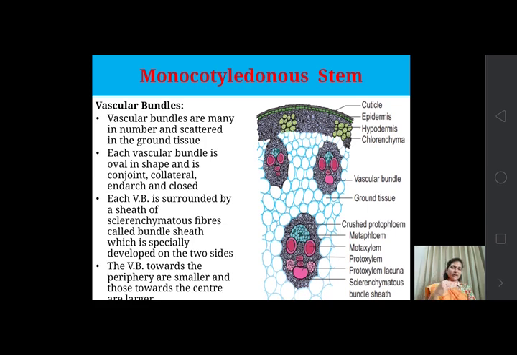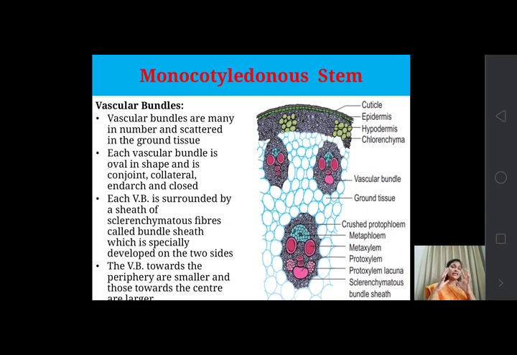So above and below the xylem and phloem tissues there is a protective covering known as the bundle sheath, or sclerenchymatous covering, because it covers the vascular bundle. Sheath means something which covers an object. So the bundle sheath covers the vascular bundle, and it is made up of sclerenchymatous protective tissue.